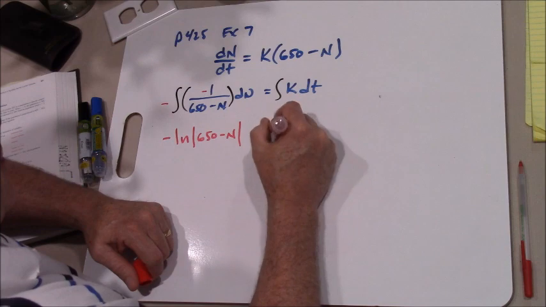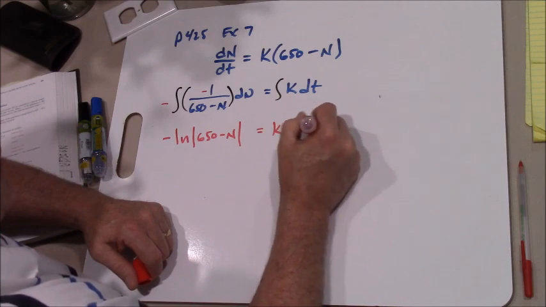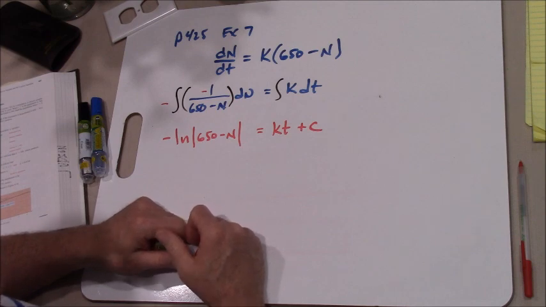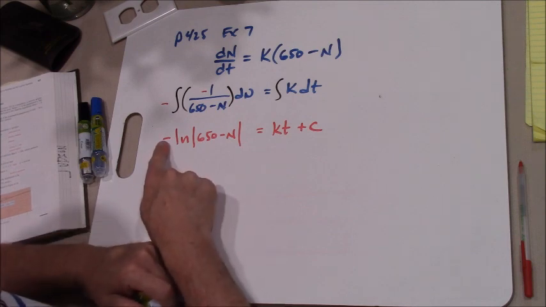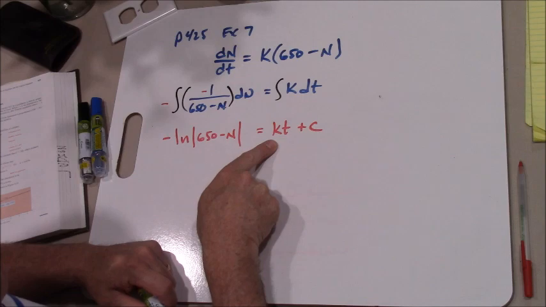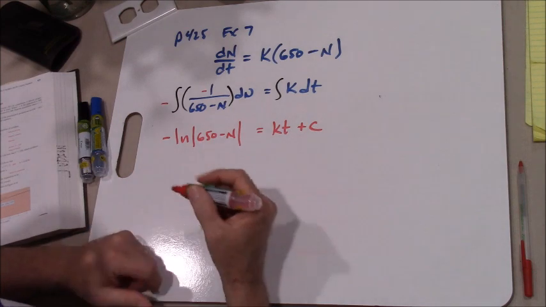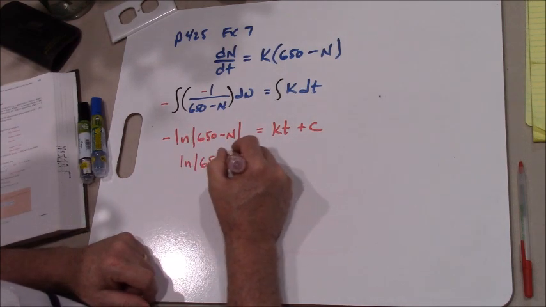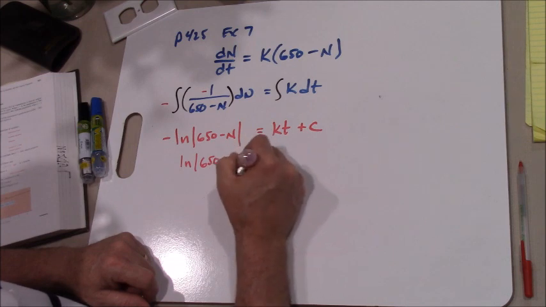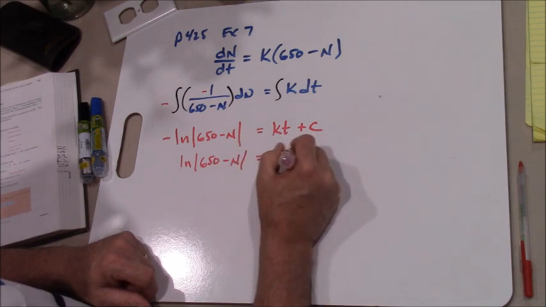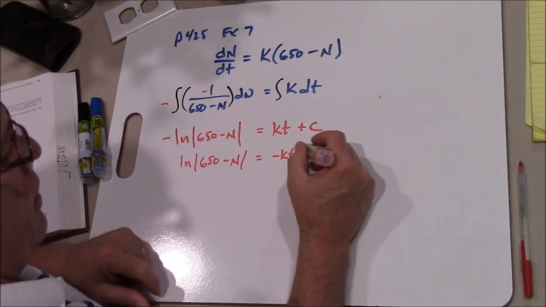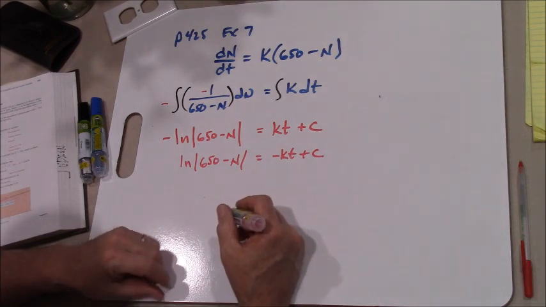On this side I get kt plus c. And so I think what I'll do, right away to get rid of that negative sign, I'll go ahead and move this to the other side and multiply everything here by a negative. So this will be a natural log absolute value of 650 minus n equals a negative kt. When you multiply this by a negative, c could be a positive or negative number, so we'll just leave it as plus c. Okay?